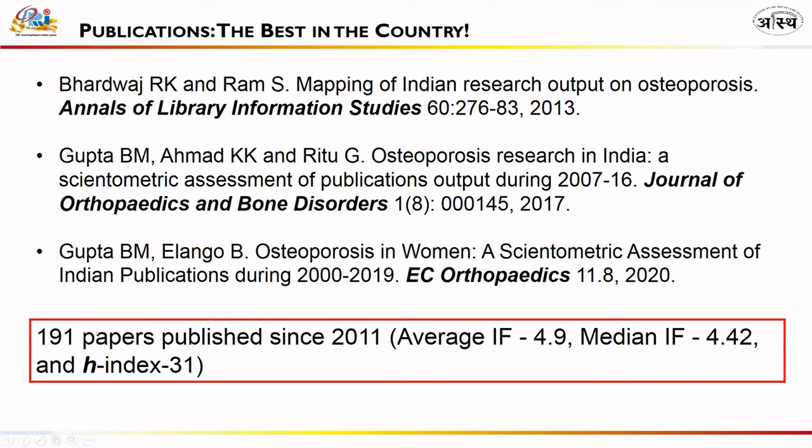So to give a flavor of what our achievement is, since 2011, 191 papers have been published from 17 investigators, ASTHI investigators, having an average impact factor of 4.9 and H index of 31.